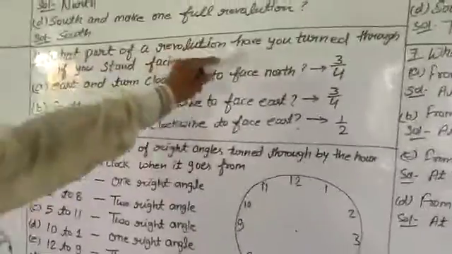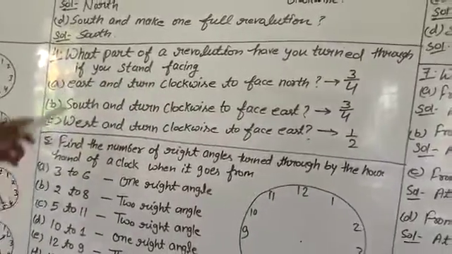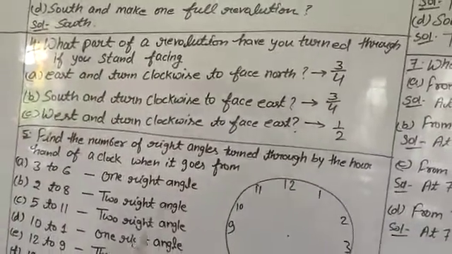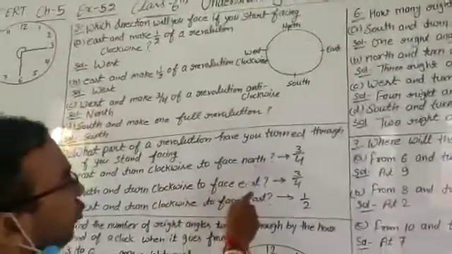Now question number 4. What part of a revolution have you turned through if you stand facing east and turn clockwise to face north?